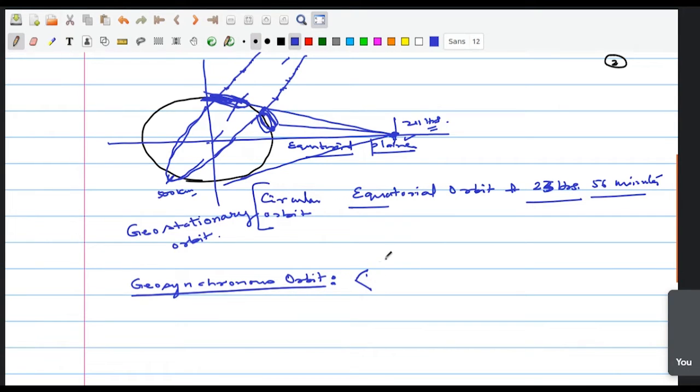Like one is elliptical, a 23 hours 56 minutes orbit in the equatorial plane.